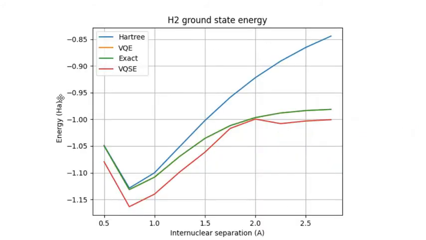For the H2 molecule, with virtual quantum subspace expansion, we obtain a better approximation. Here we can see the Hartree-Fock energy, which is approximated by converting the electronic structure n-body problem into two-body problems, the exact value calculated using a classical eigensolver, and the result using virtual quantum subspace expansion.